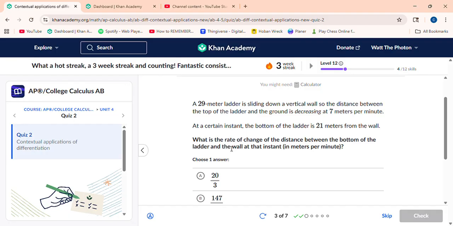So that rate of change is actually increasing. If we have the formula c squared is equal to a squared plus b squared, we can say 2c times the rate of change of c, so dc over dt, is equal to 2a da over dt plus 2b db over dt, which gets us the rate of change of 29 is 0.